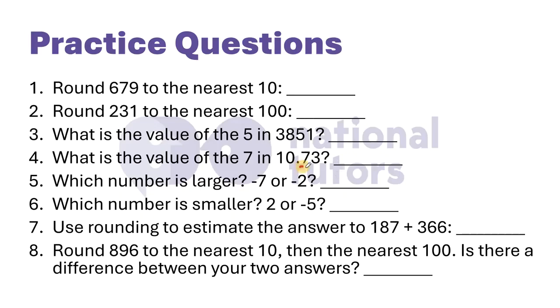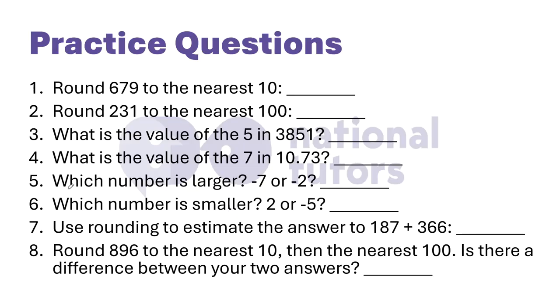I can see that 7 is the first number after the decimal, so it is 7 tenths, or you could write it as 0.7. Any of those would be correct.